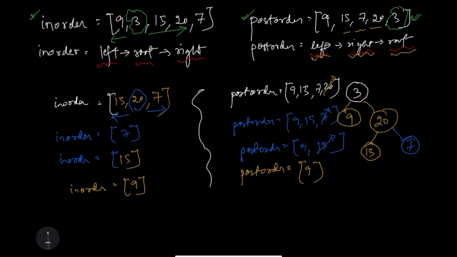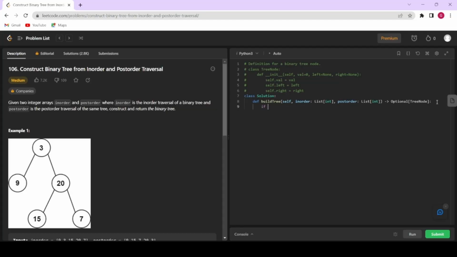So let's go over to Leetcode and see how we can write this logic in the form of code. To start with, we got to check if we have got something in our postorder and inorder array. If not, we would return None.